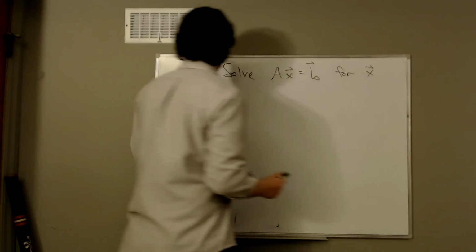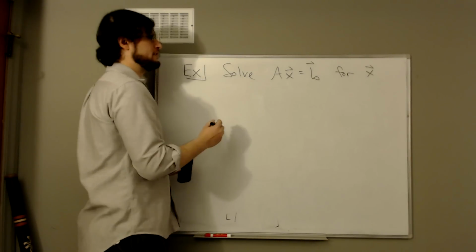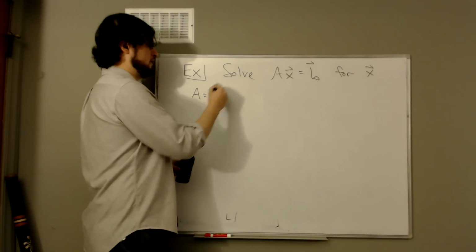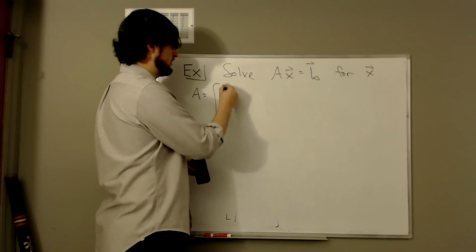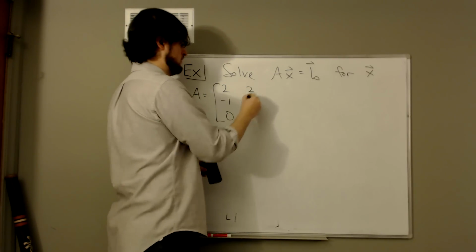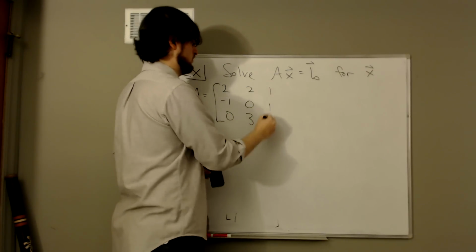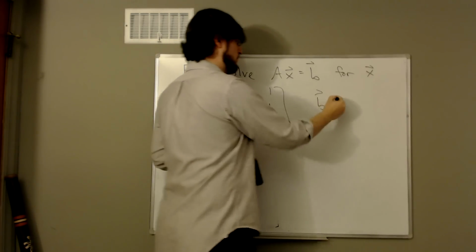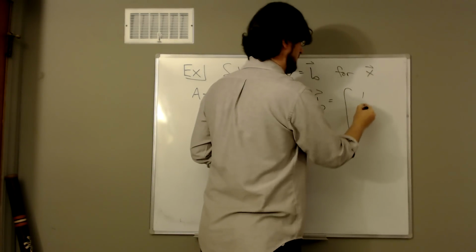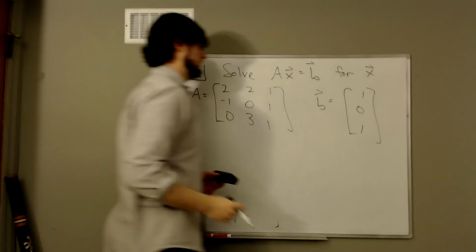All right, let's look at another one. Let's solve Ax equals b for x if A is this matrix and B is this matrix.